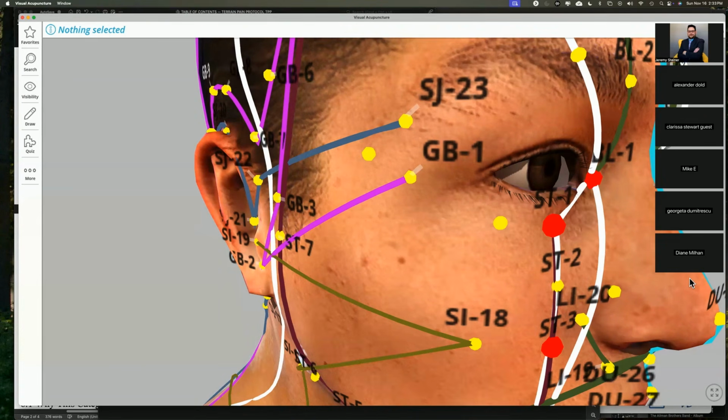Kristen says, so you could needle gallbladder 1 for gallbladder 30 hip pain. Yes. Now you're getting it, Kristen. That gallbladder 30 hip pain was caused by a deficiency in the gallbladder channel, deficient of what? Electricity. And now you're filling up the entire gallbladder channel from gallbladder 1, including the channel going through gallbladder 30.